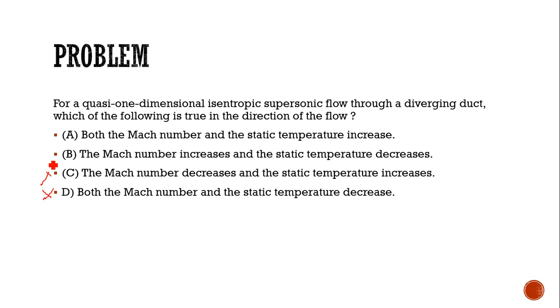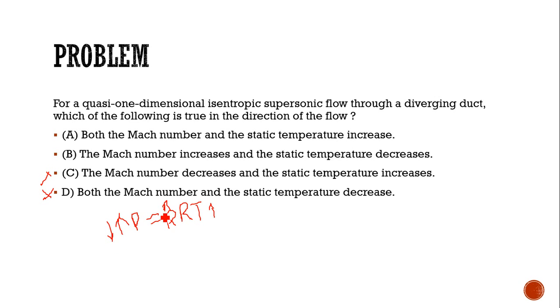Sir, Mach number increases, static temperature decreases. Yes. So if Mach number increases, automatically pressure will decrease. Pressure is related to temperature, because we know P equal to rho R T. From this, if pressure increases, density will also increase and temperature will also increase.